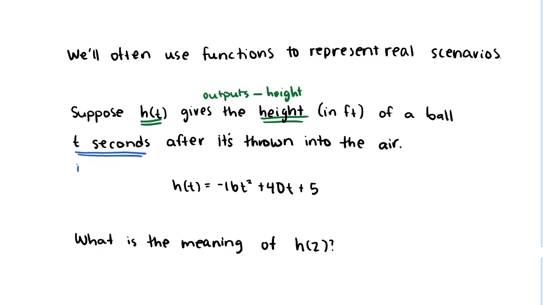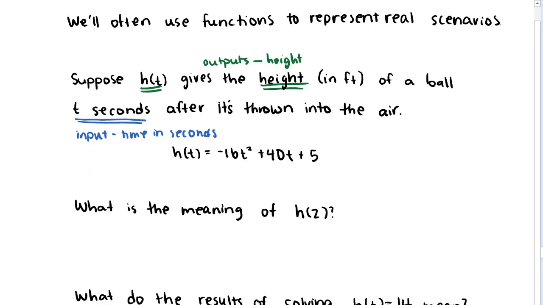So our input variable is representing time, the time in seconds. This is an important idea to have in mind: not just how to input into a function and how to recognize outputs, but also being able to recognize what these inputs and outputs mean for the particular problem. All right, so what's the meaning of h of 2?